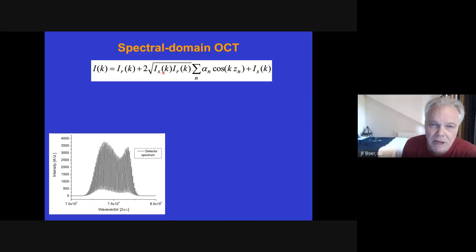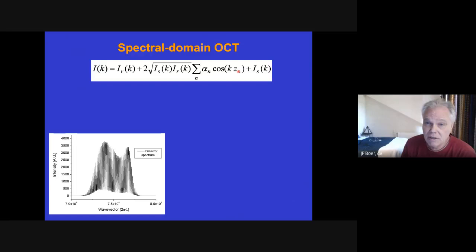And the magnitude of that interference term is the square root of the sample intensity and the reference intensity times, and here it comes, alpha_n, which is the scatter cross-section at a particular depth, or the reflectivity that we discussed before, and a cosine term that is given by k times z_n.